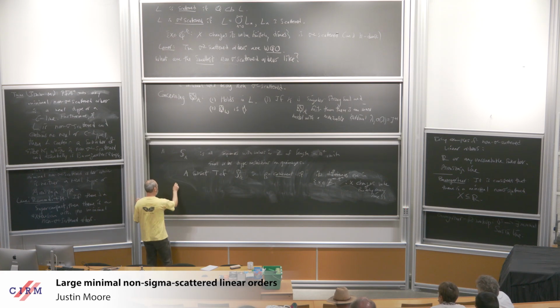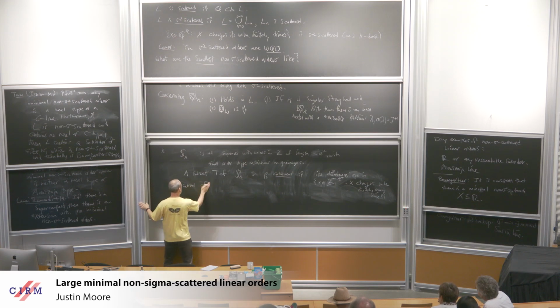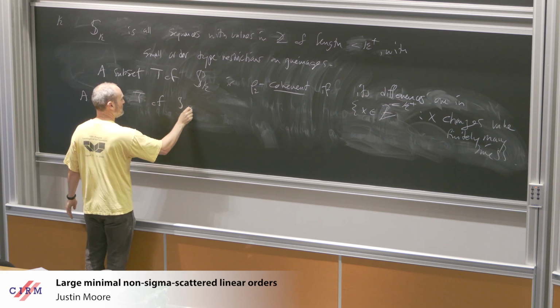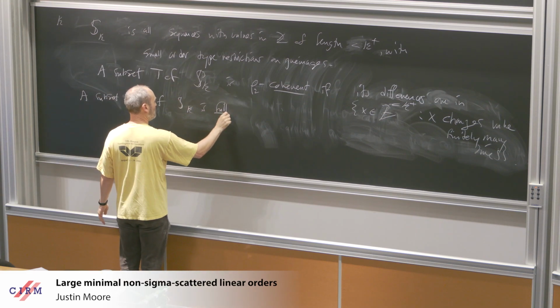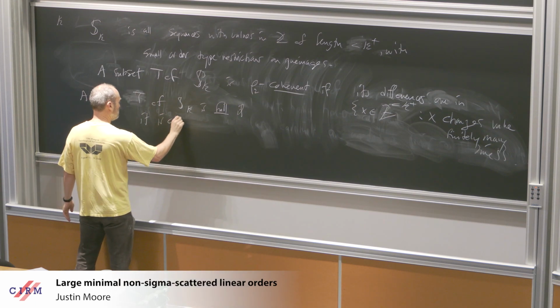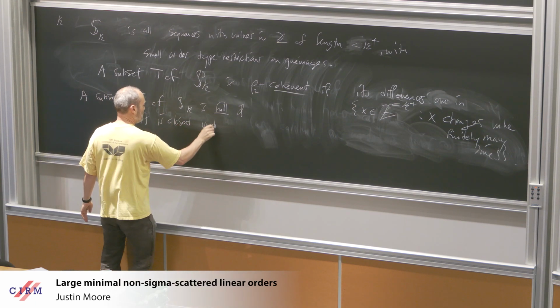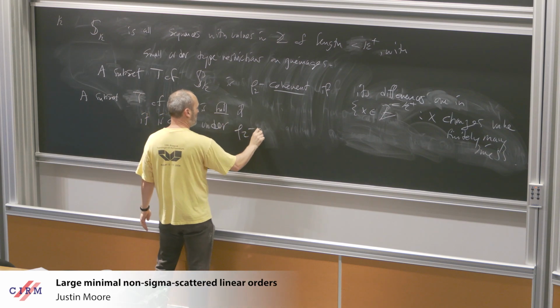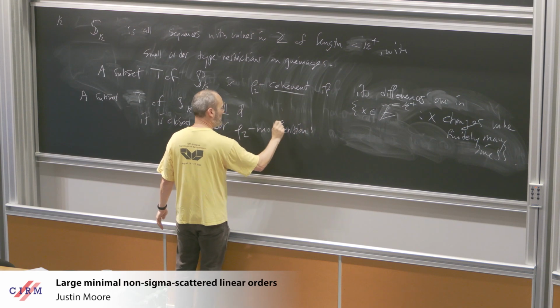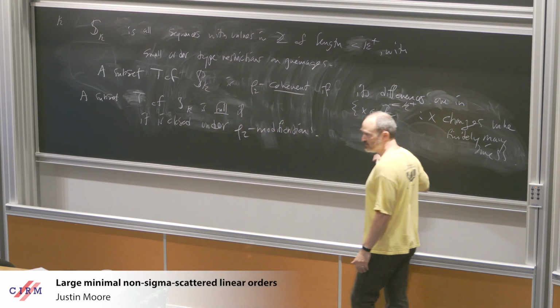So a subset of, say, T of S kappa is full if it is closed under these rho 2 modifications, meaning adding a sequence in this set.